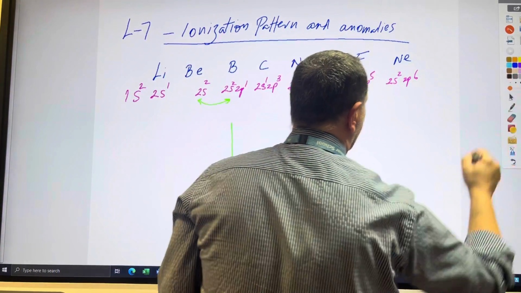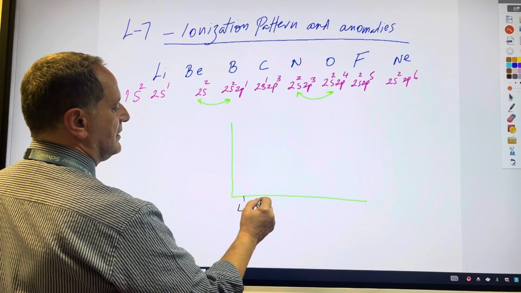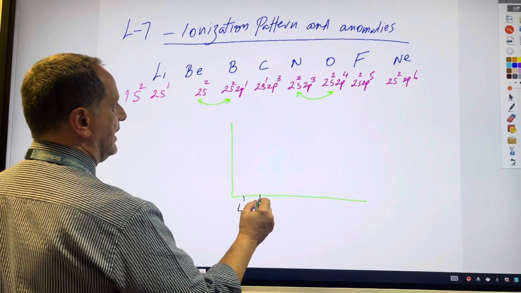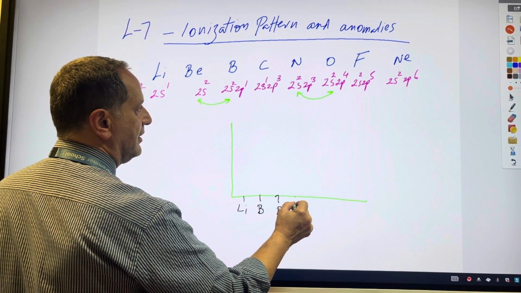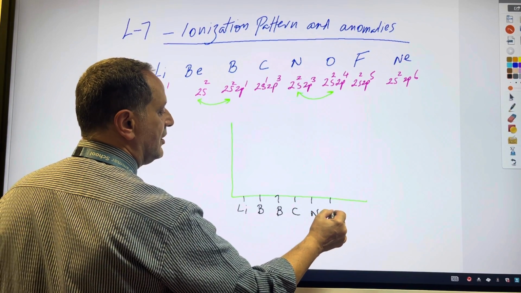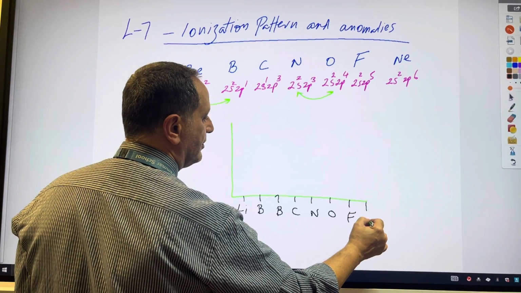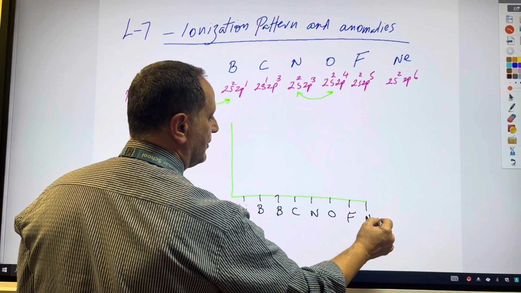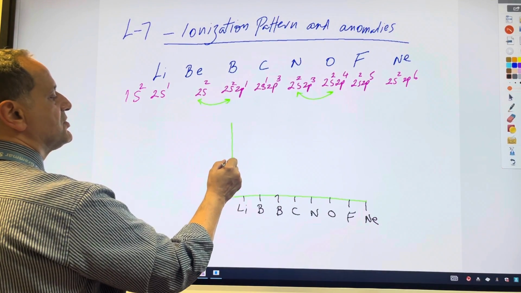Let's change that color to black. So that's lithium, and then that is beryllium, boron, then you have carbon, then nitrogen, oxygen, fluorine, and then neon. And then the y-axis is just energy.